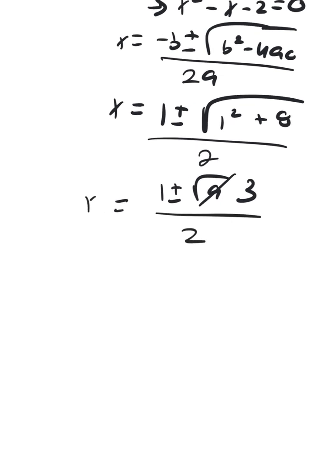If x equals 1 plus 3 over 2, x equals 2. And 1 minus 3, oh, I'm sorry, hold on. 1 plus 3, oh no, I was correct. 1 plus 3 is 4 over 2 equals 2. And then 1 minus 3 is negative 2, which equals negative 1.